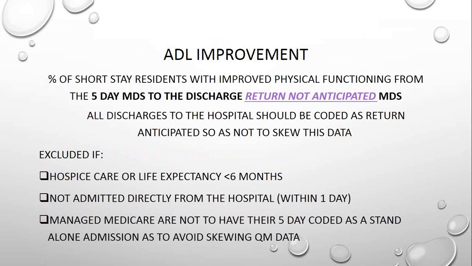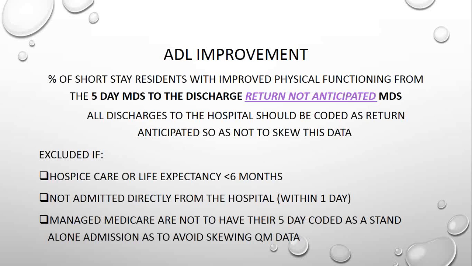Percentage of short stay residents with improved physical function is looking at the coding between the 5-day MDS to a discharge return not anticipated. When you're sending somebody to the hospital, regardless of what your bed hold policy is, regardless of what your charting policy is, any of those things, unless you are 100% certain that they're not coming back, all hospital discharges should be return anticipated, so that these people are not going to be falling in and skewing your documentation.